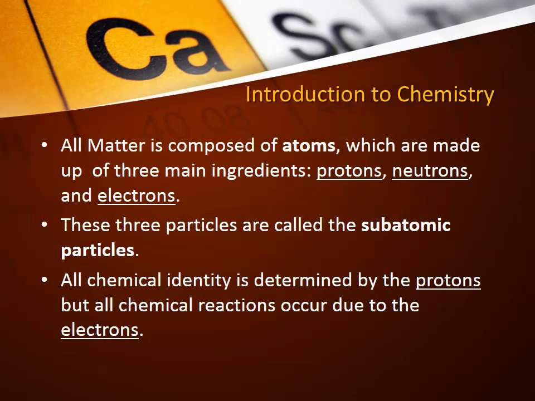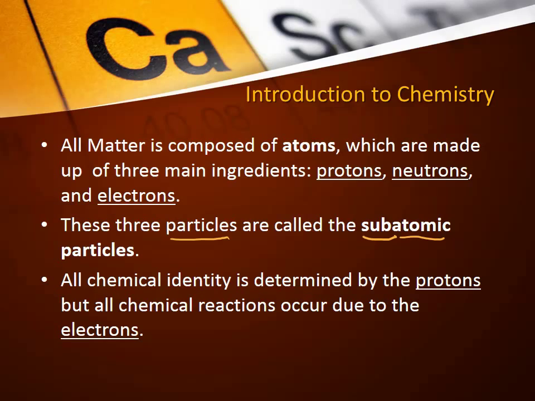All matter is composed of atoms, which are made up of three main ingredients, if you will: protons, neutrons, and electrons. These three particles, which is actually our normal word for them, are called the subatomic particles. Notice that sub normally means below or lower than, if you will, and atomic really just means atom.